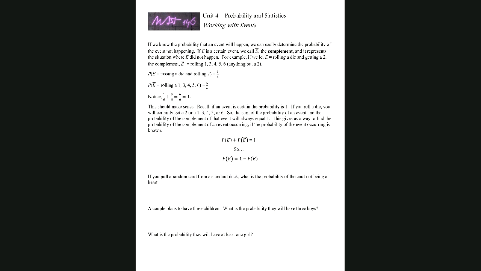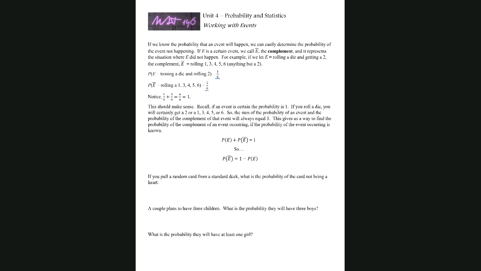So if the probability of tossing a die and rolling a 2 is 1 chance out of 6, or 1/6, then the probability of not getting a 2 will be 5/6, because there are 5 other numbers that I could land on besides 2. So there's a 5 out of 6 chance of not rolling a 2. So this is the complement, or the opposite, of that event.